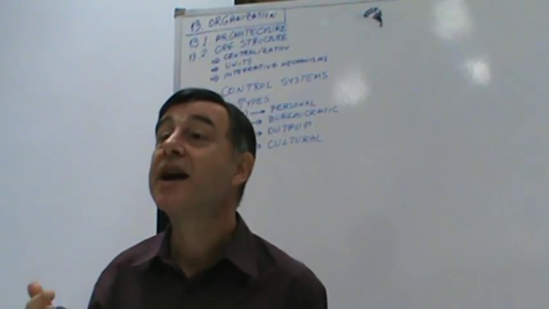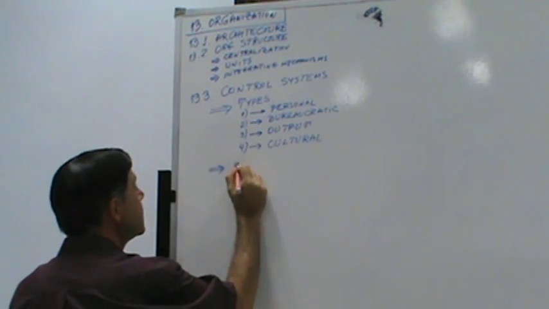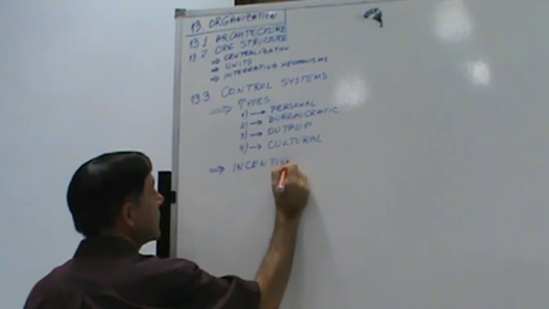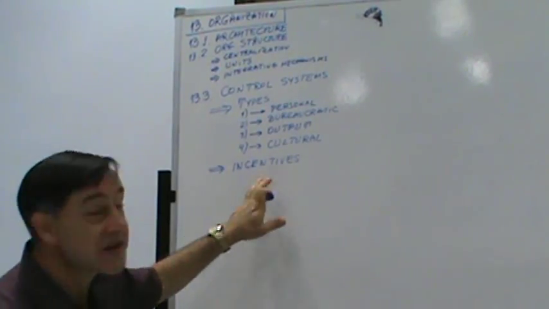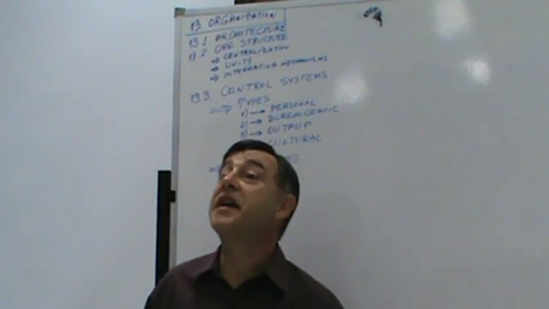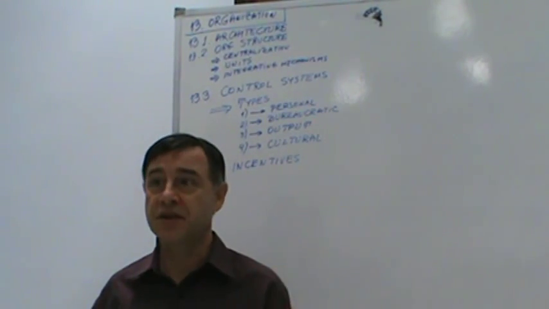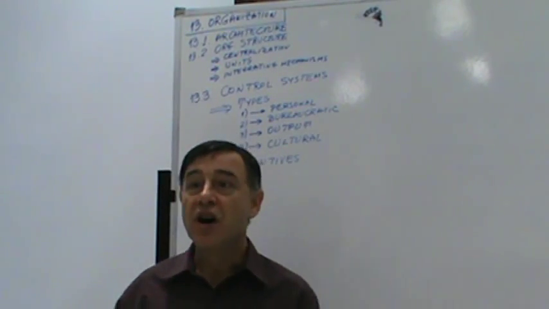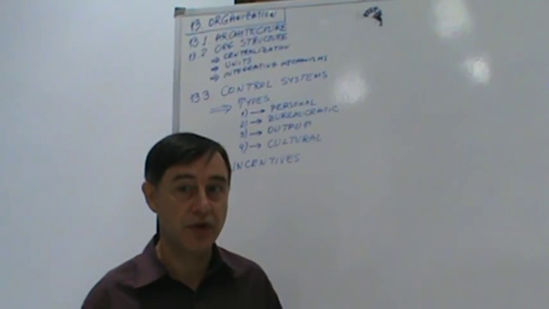Number 2 is incentive systems or incentives. So, what is an incentive? Incentive is a device or mechanism through which you affect desired behavior.